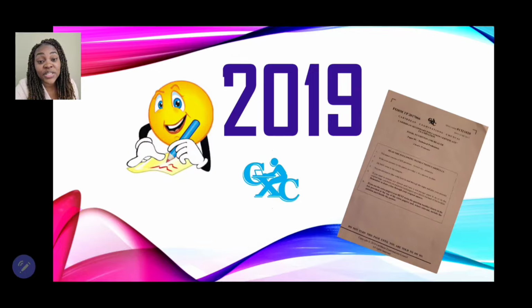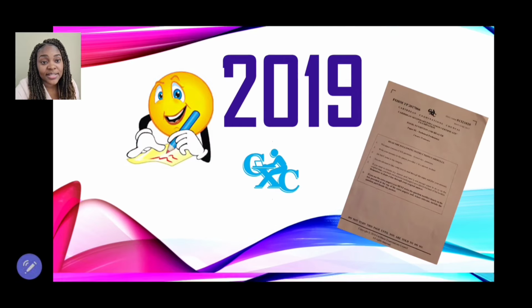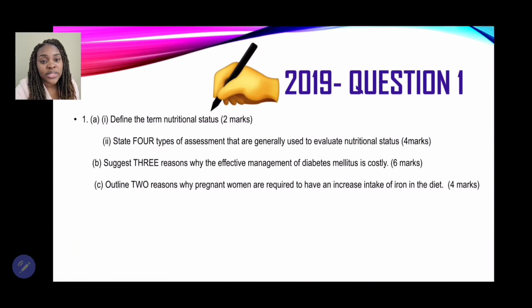So we're starting with 2019. All right, and the question one for 2019 reads: number one, define the term nutritional status. State 4 types of assessment that are generally used to evaluate nutritional status.